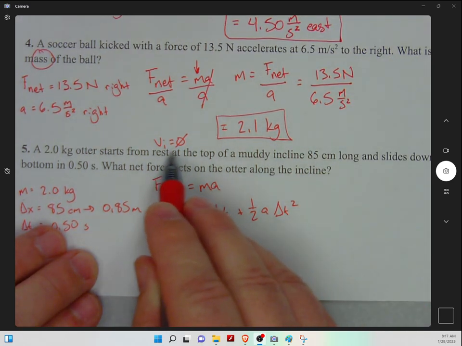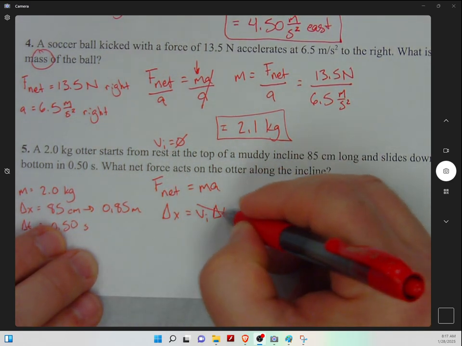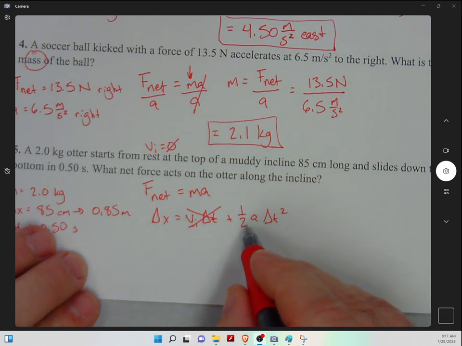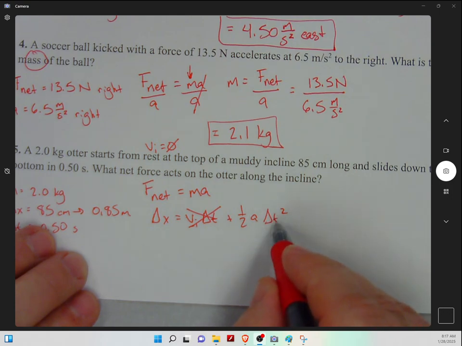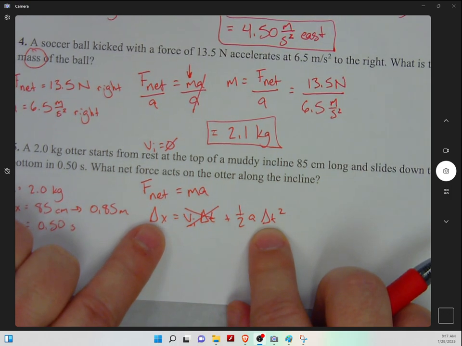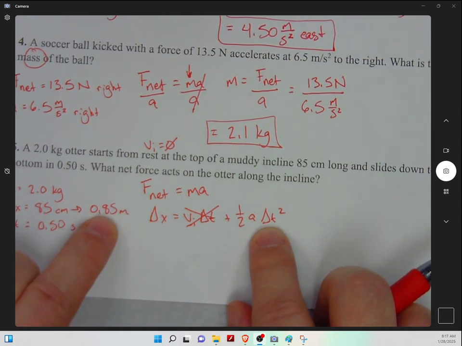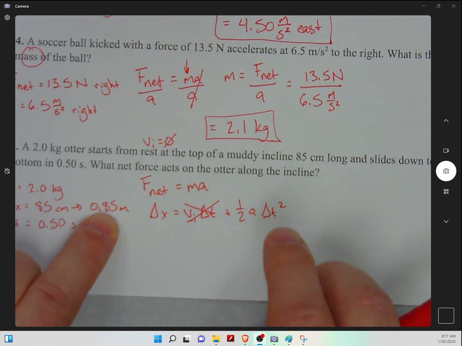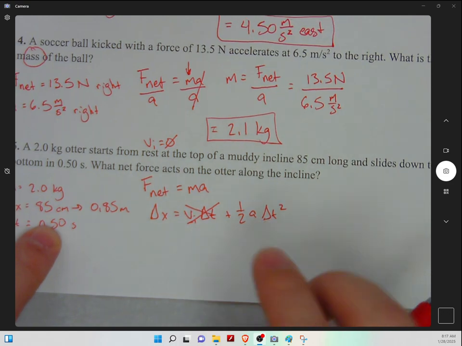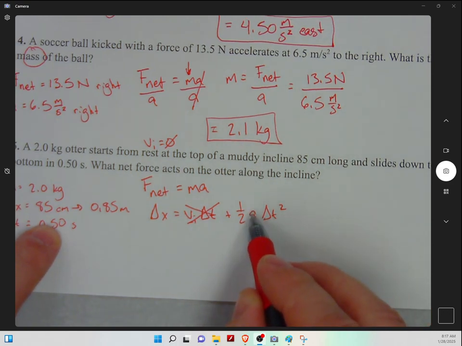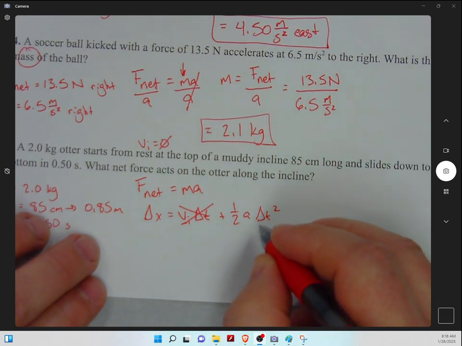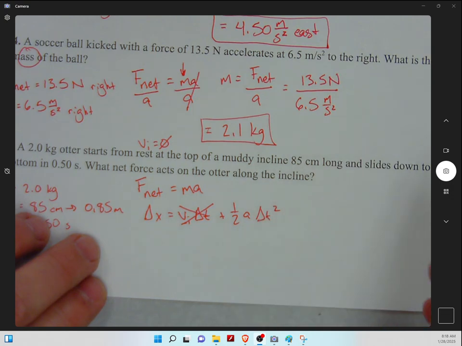But if the value for vi is 0, that means I can get rid of this entire front part, and so I'm left with 1/2 a delta t squared. Now look at what I have going on here. I have a delta x, which I've been given by the question, and then I have a delta t, which I've also been given by the question, leaving only a, which I can solve for. And so I will rearrange this equation to solve for a.